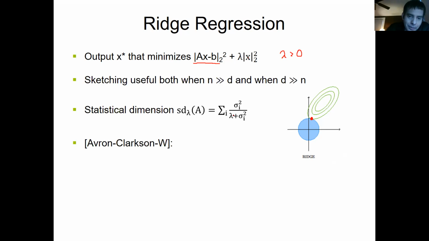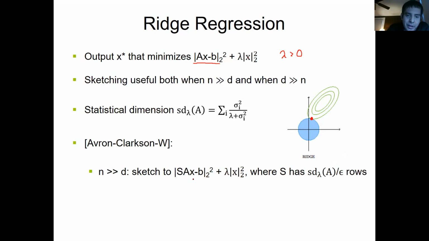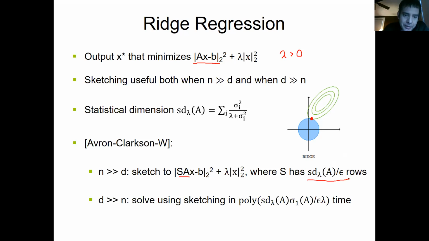And one thing you can do is in over-constrained ridge regression, you can replace A with S times A, where S is one of these sketching matrices, which has a number of rows which is linear in the statistical dimension. Okay, so it can be very small. And what I mean by you can sketch is if you solve this problem, then your solution will be a 1 plus epsilon approximation when you plug it back in to the unsketched version.